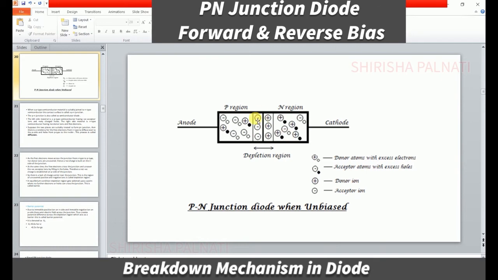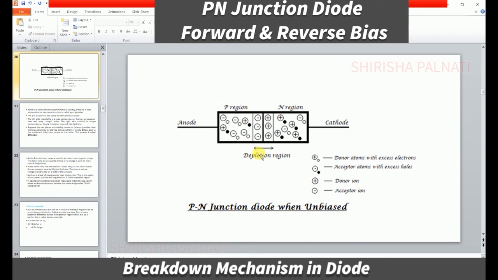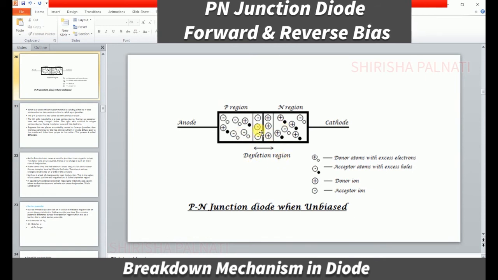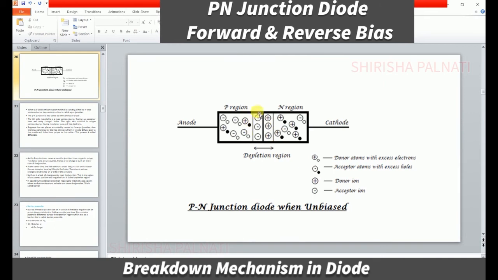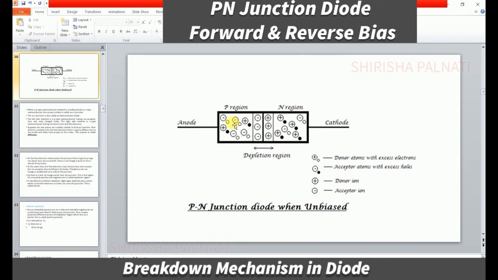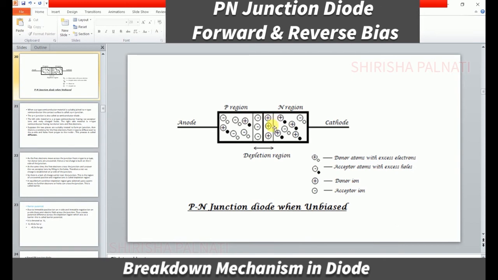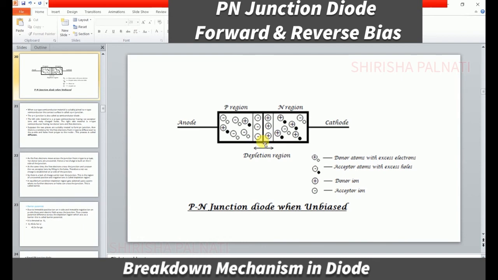Here an uncovered region is present, and that region is called the depletion region. After the electrons and holes move, negative charge is present on the p region side and positive charge is present on the n region side. The region between is neutral, so a potential barrier is present.